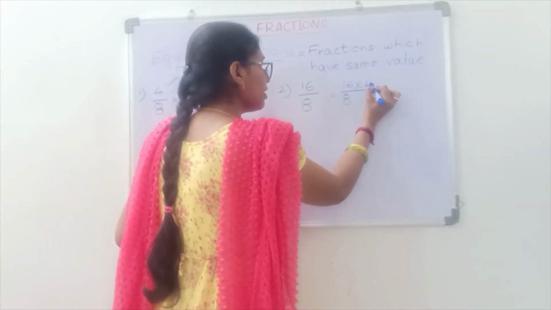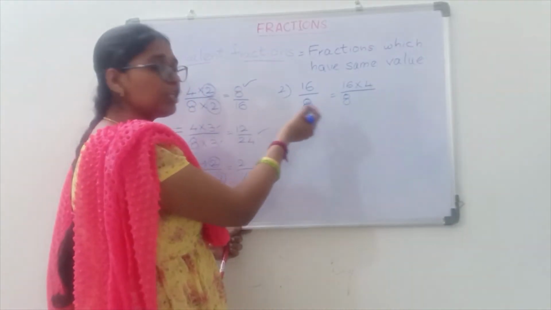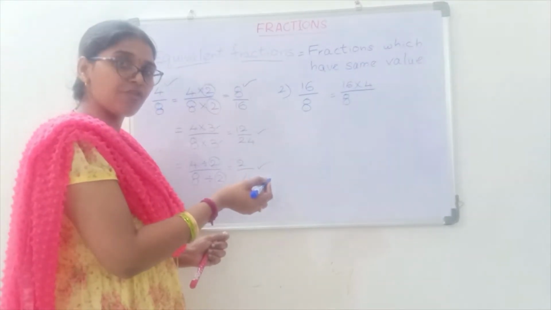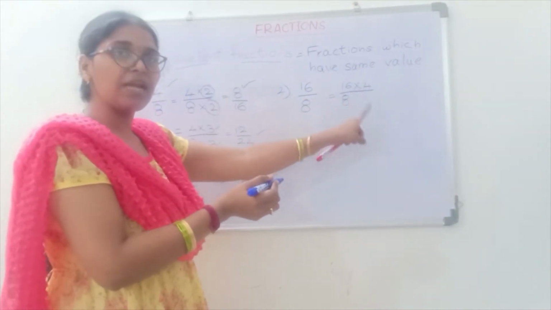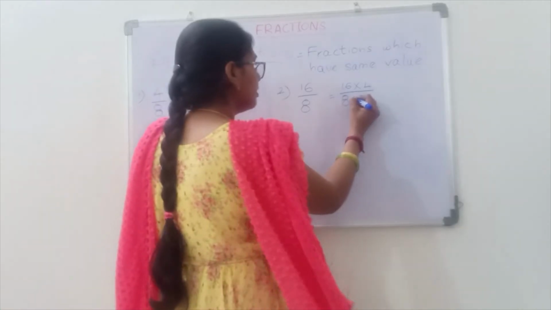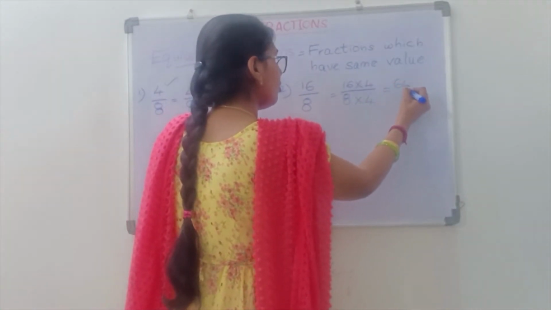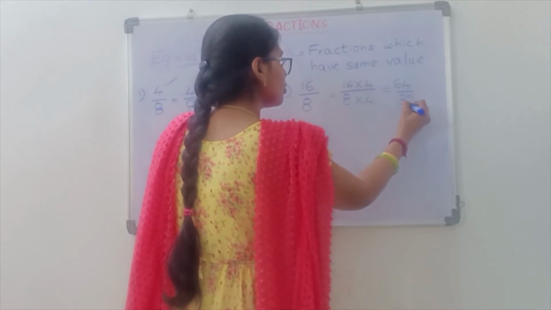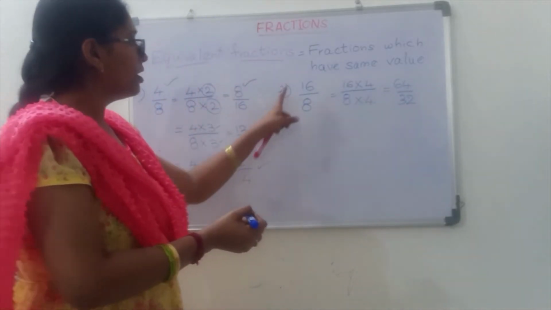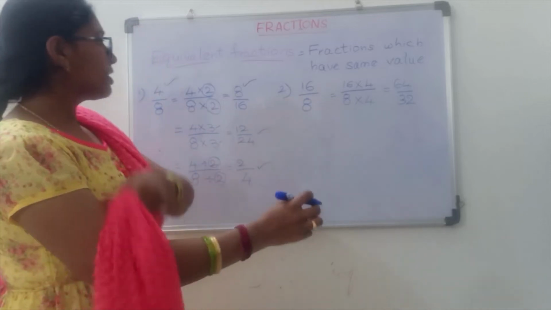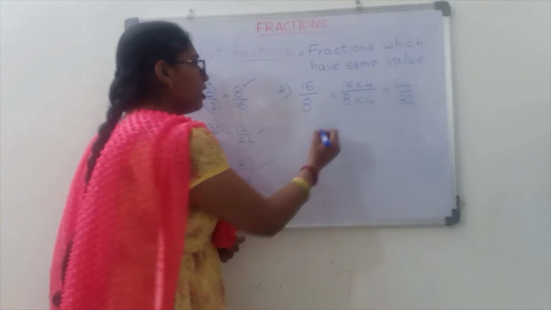Let us multiply numerator by 4. Then with which number should we multiply denominator? Is it 5? No, we should multiply with same number. So 16 4s are 64. 8 4s are 32. So 64 by 32 is equivalent fraction for 16 by 8.